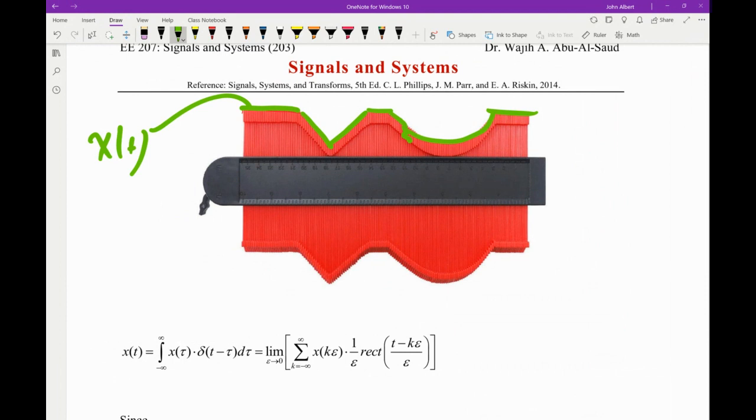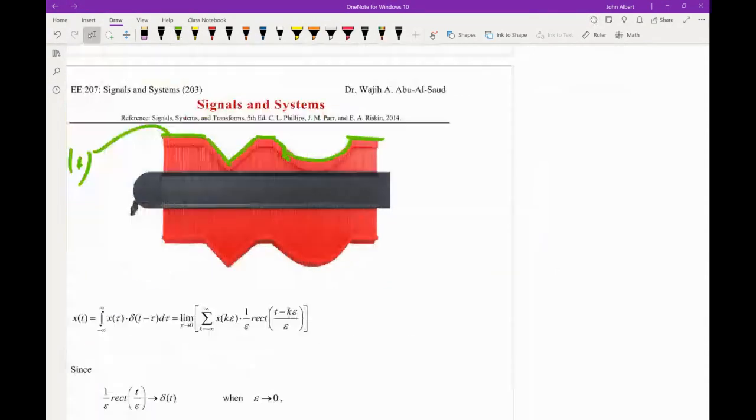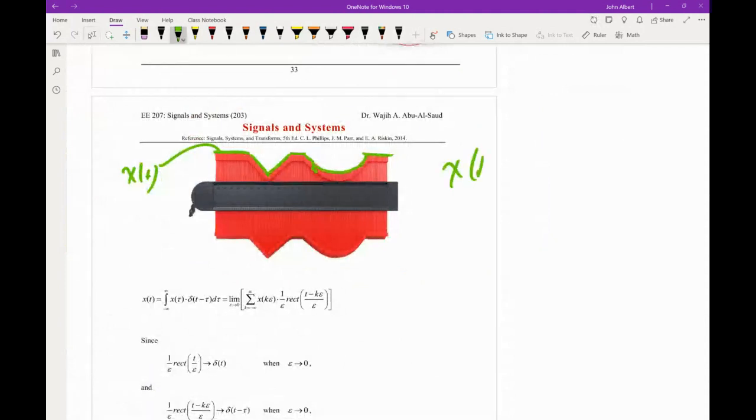Now you can always represent x of t as x of t. Or you can always say that this x of t is equal to the value of x evaluated at the first point in here, multiplied by a rectangle. Think of each one of those pieces there as an impulse, but I'll approximate the impulse by a small, thin rectangle.